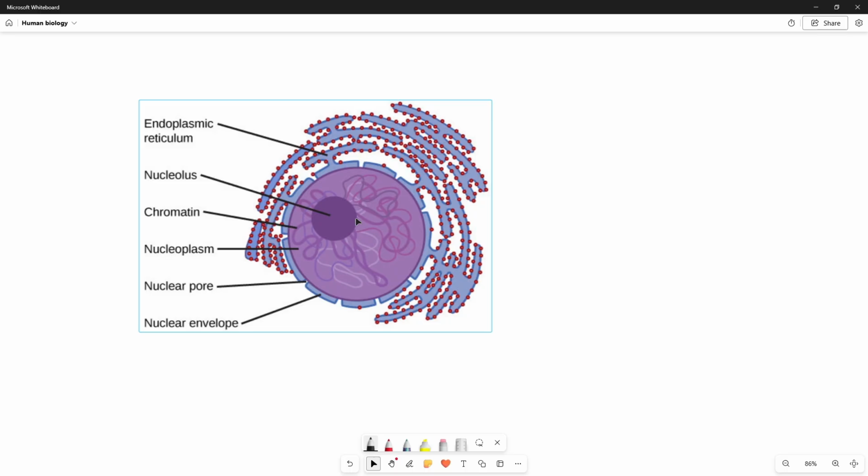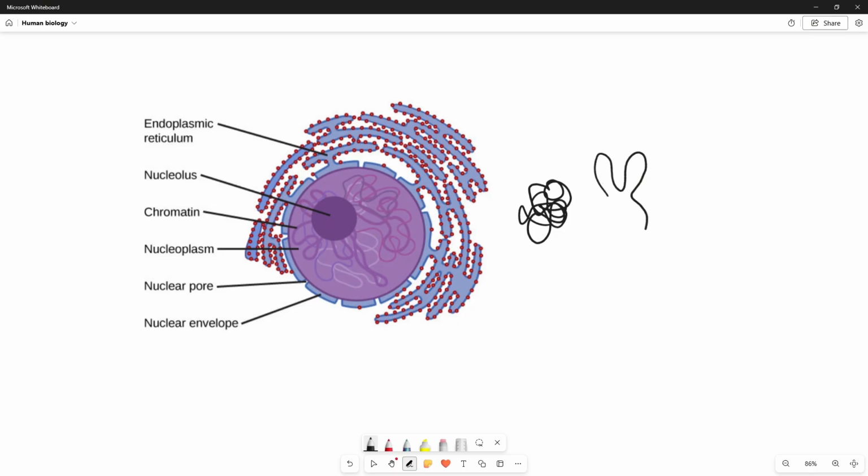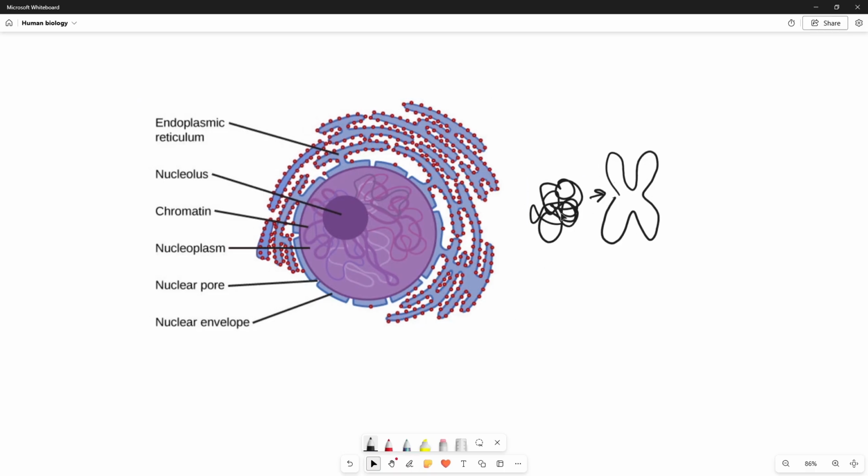Within the nucleus, we also have chromatin, which is little squiggly stuff. The chromatin later forms chromosomes when it condenses. That's important to know. The chromatin condenses into chromosomes.